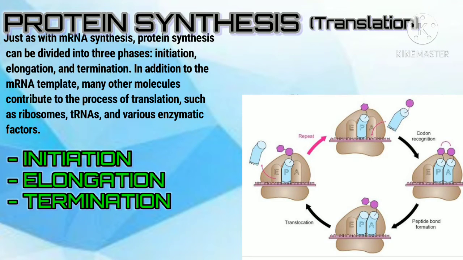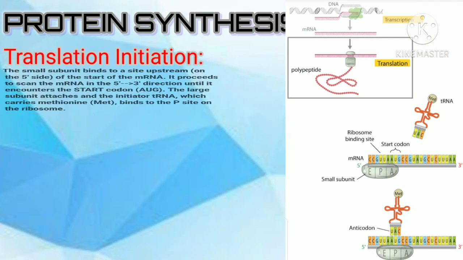Just as with mRNA synthesis, protein synthesis can be divided into three phases: initiation, elongation, and termination. In addition to the mRNA template, many other molecules contribute to the process of translation, such as ribosomes, tRNAs, and various enzymatic factors.